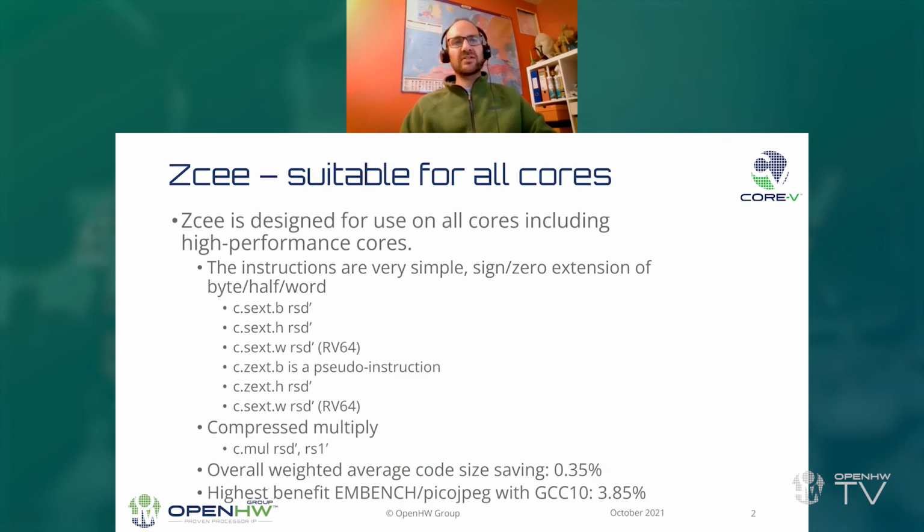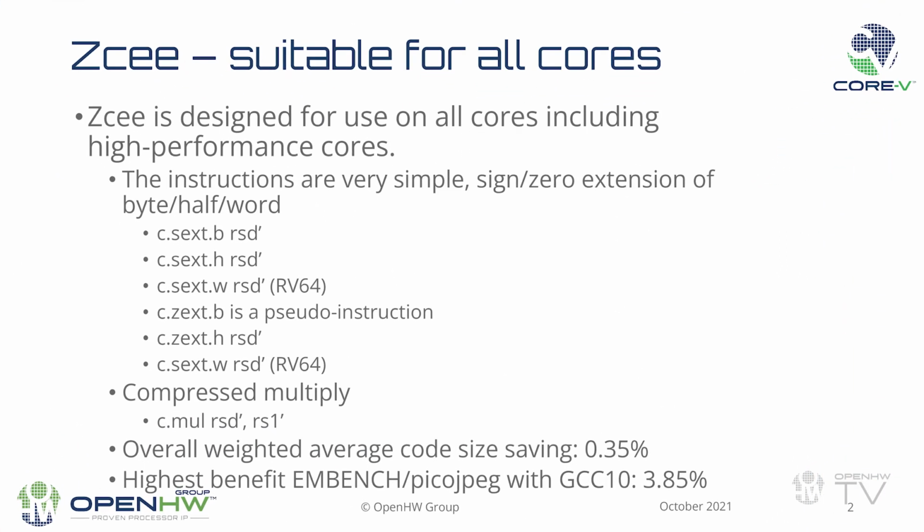The first one, Zcea, is suitable for all cores, so you can use it on high-performance cores. It's very simple. The functionality is either already in the ALU if you've implemented parts of the B extension, or is very simple to add. It's a set of 6 encodings. Most of them are sign and zero extension, but there's also compressed multiply, which is particularly useful for a range of algorithms, including audio codecs.